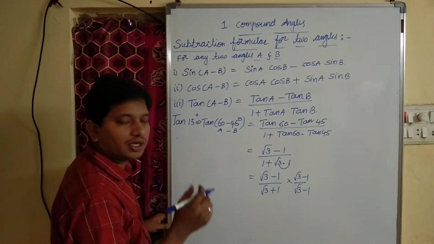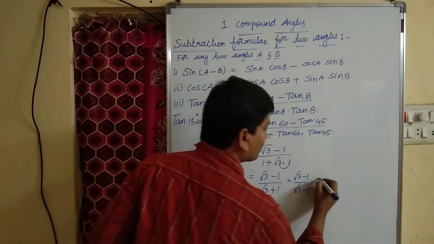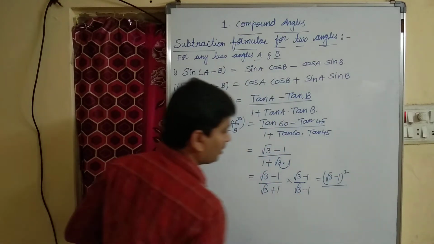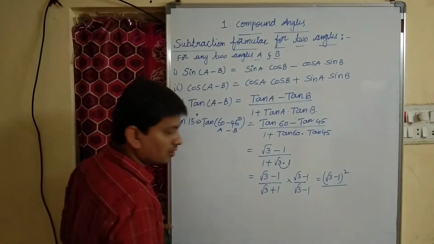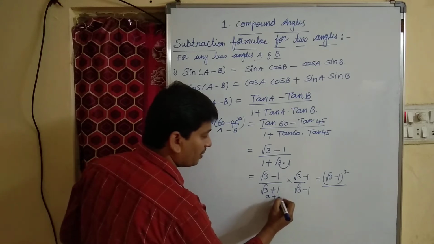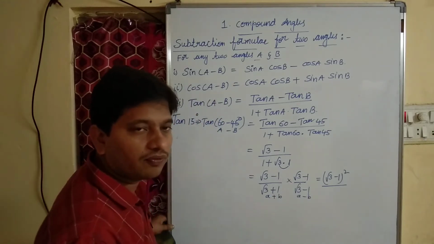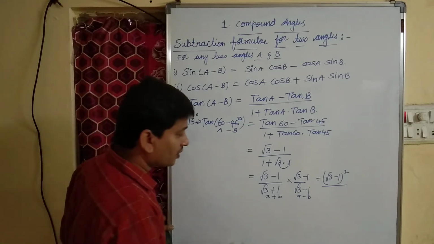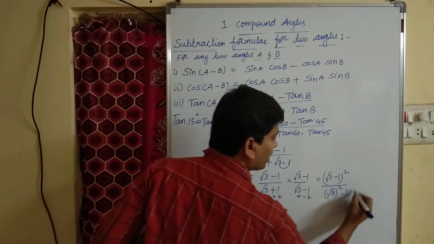Root 3 minus 1 into root 3 minus 1 is root 3 minus 1 whole square, divided by root 3 plus 1 into root 3 minus 1, which is in the form of a plus b into a minus b. The formula of a plus b into a minus b is a square minus b square. A is root 3 whole square, b is 1 square.